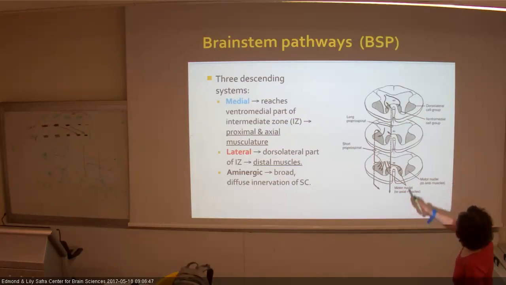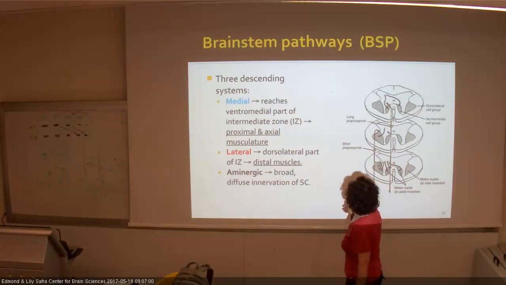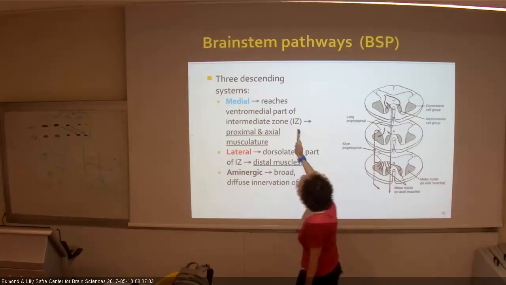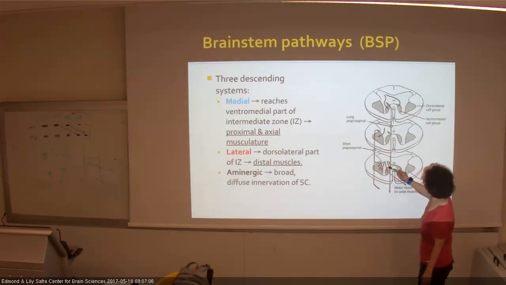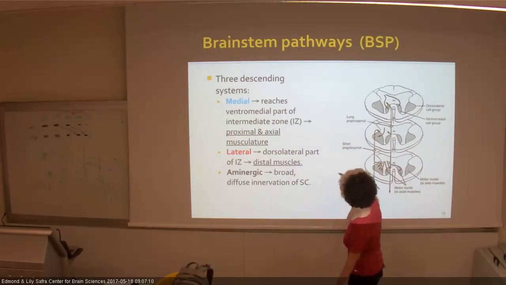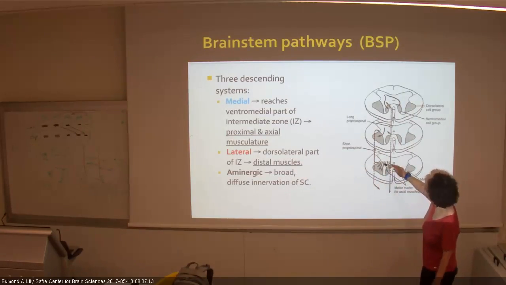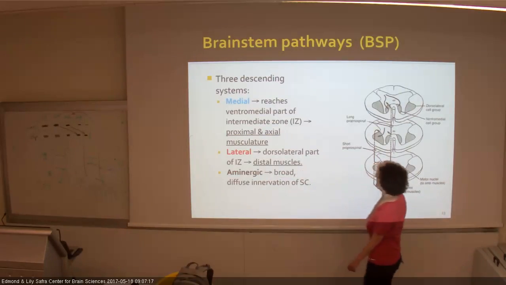From the brainstem, there are three pathways that relay information to the spinal cord. There is the medial system, which reaches the medial part of the spinal cord. There is the lateral system, which reaches the dorsolateral part of the intermediate zone and reaches distal muscles.